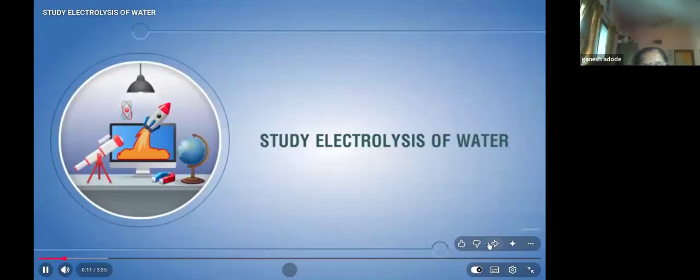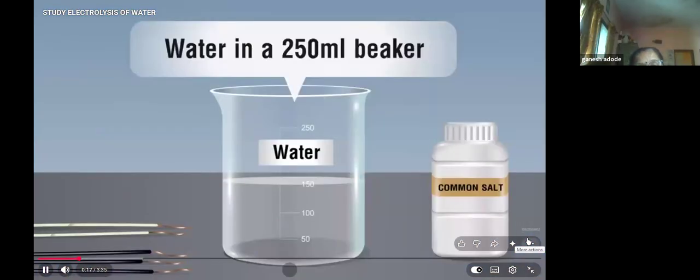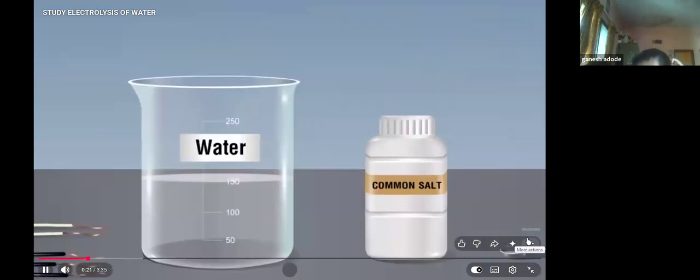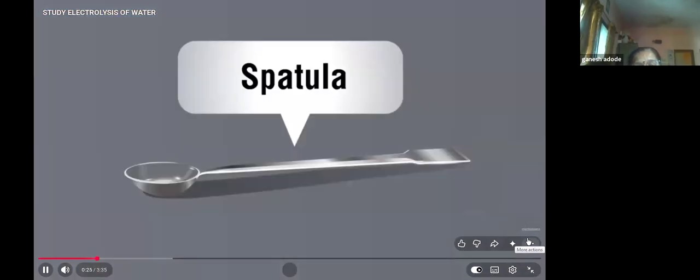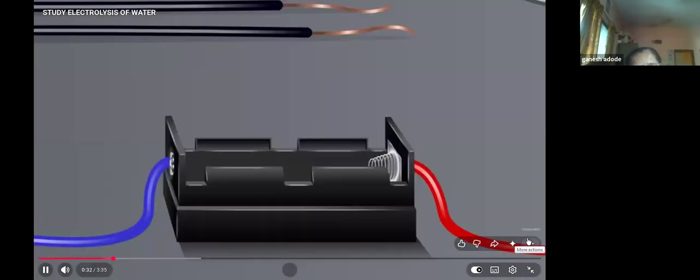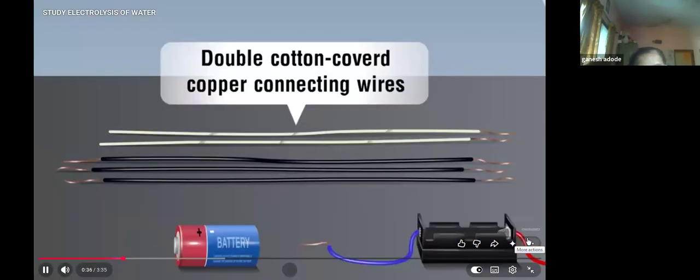Study electrolysis of water. Materials required: water in a 250 ml beaker, common salt, spatula, a battery of 3 D-type 1.5 volt cells, cell holder, double cotton covered copper connecting wires, and a switch.